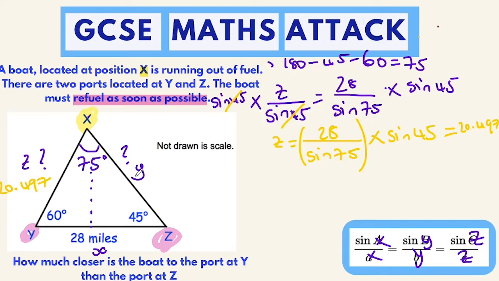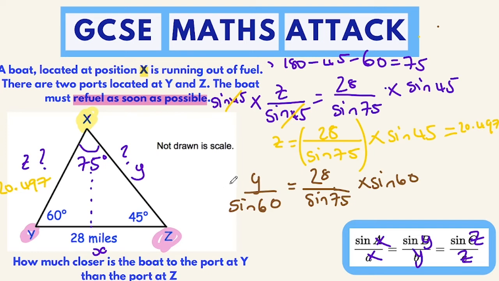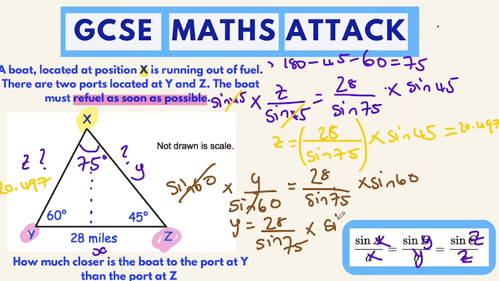Okay, next. I'm going to work out the value of y. Same thing, I'm going to use this length and this angle. I'm going to rewrite it as y at the top because I want to work out the length. Y over sine 60 equals, and then I'm going to use these two over here, 28 over sine 75. So I'm going to multiply both sides by sine 60. Y equals 28 over sine 75 times sine 60.